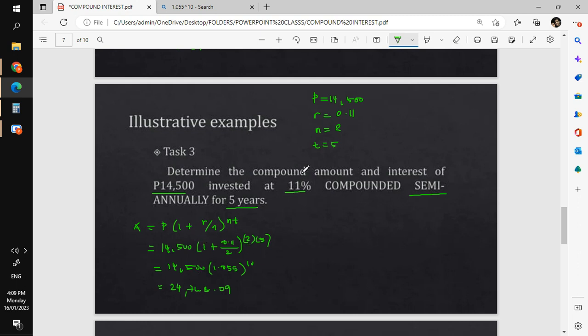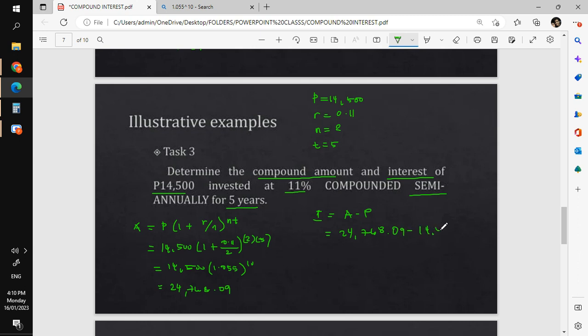But the problem in here tells us to look for the compound amount, which is 24,768.09, and the interest. So to get the interest, same thing that we did in the simple interest, all you have to do is to subtract, no? So to look for the interest, you have in here A minus P. For A in here, that's 24,768.09.